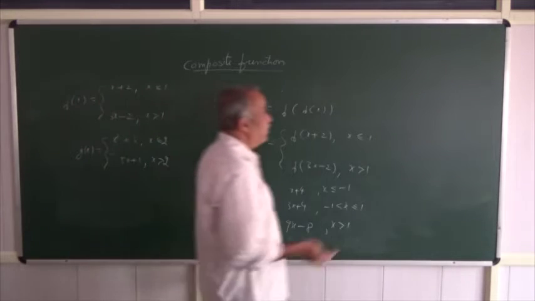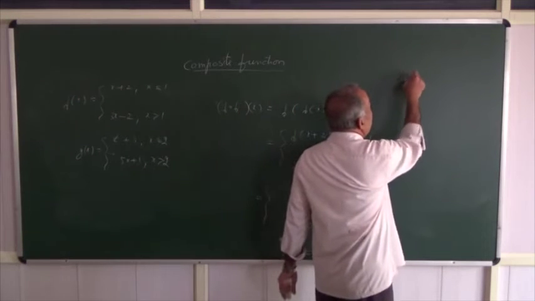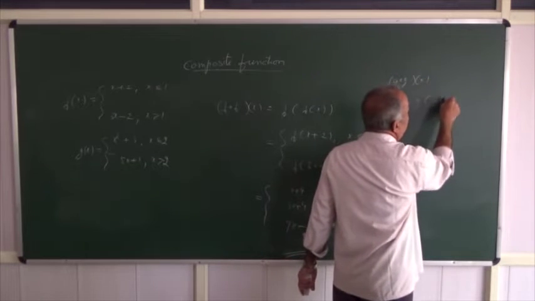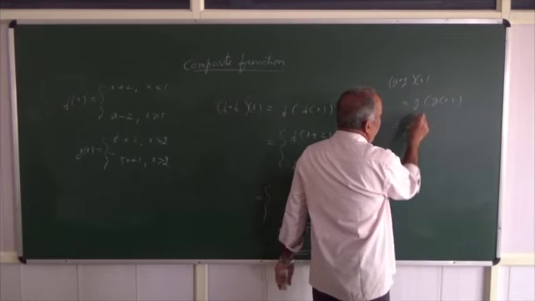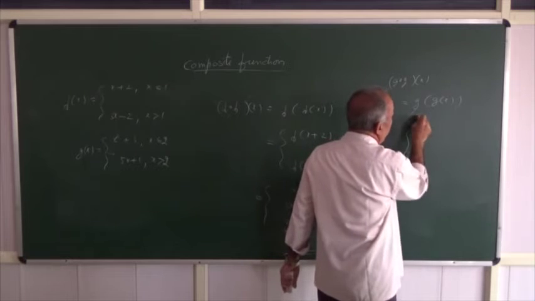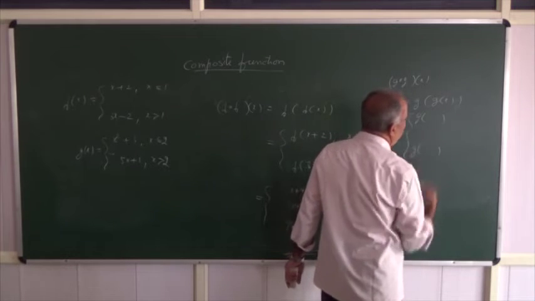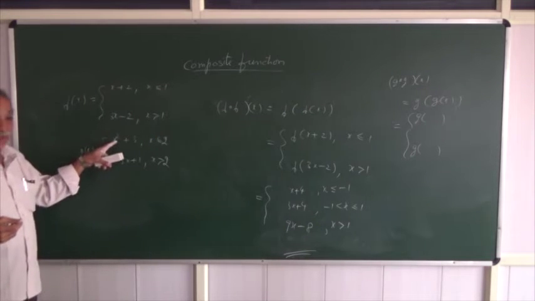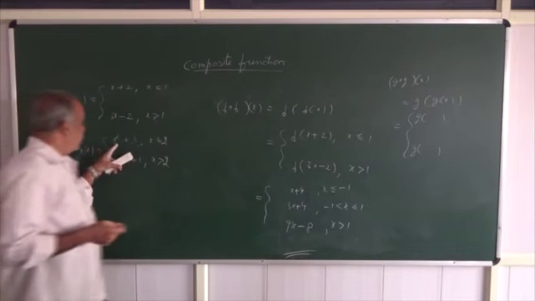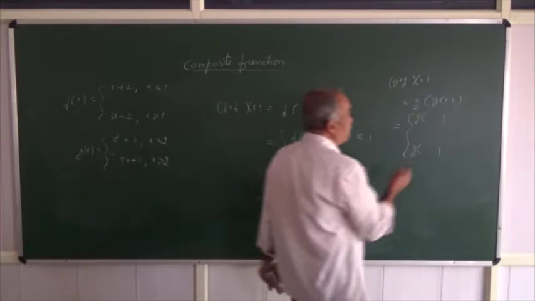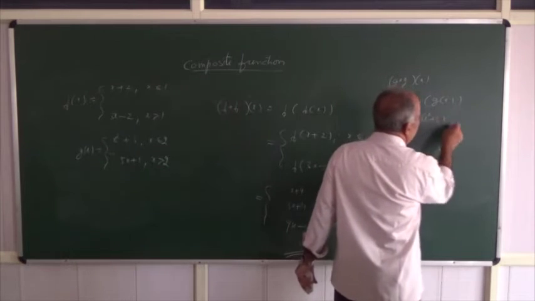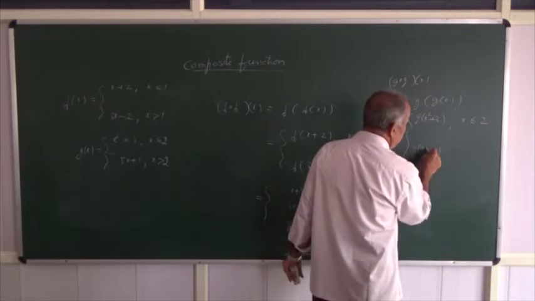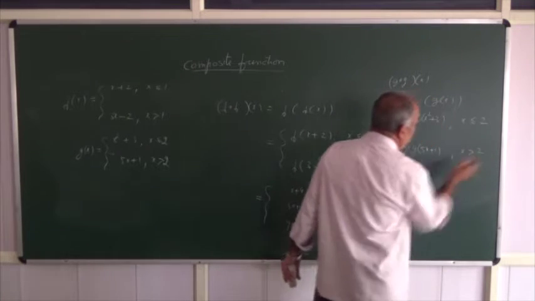Let me try G composite G next. Some complication we may come across now because of this higher degree here. Let us experience it. x square plus 3, x less than or equal to 2, and 5x plus 1, x greater than 2.